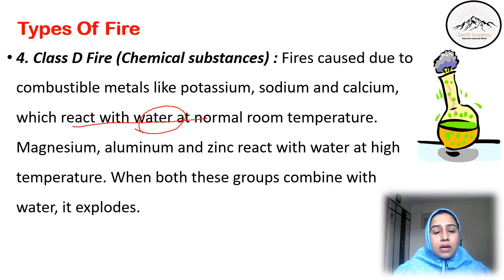So when they react with water, they can cause fire. Magnesium, aluminium and zinc react with water at high temperature. And when both the groups combine together with water, it explodes. An explosion of fire takes place, and therefore such chemical substances which give rise to fire are classified as class D fire.